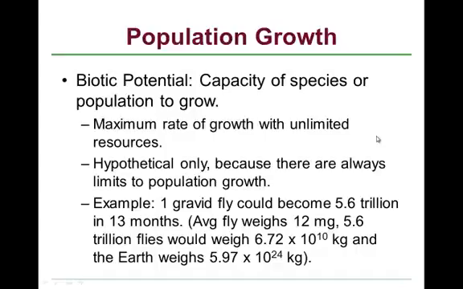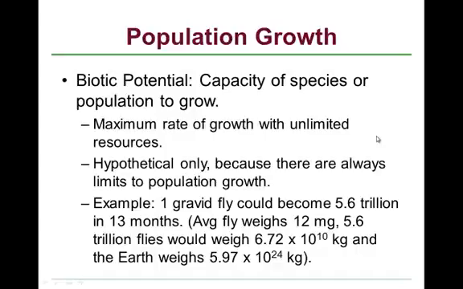Let me give you an example of biotic potential. One gravid fly, which is a female who is what you might consider pregnant, she has fertilized eggs. So one gravid fly could become 5.6 trillion flies in 13 months if they all grew up and reproduced.